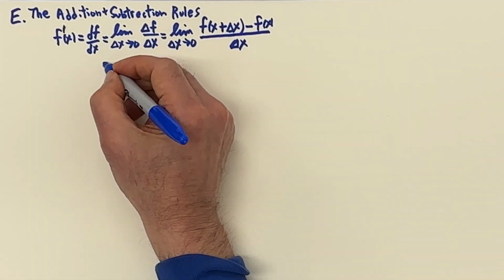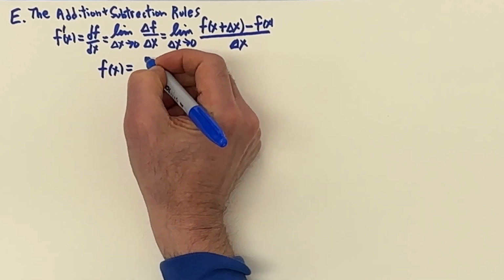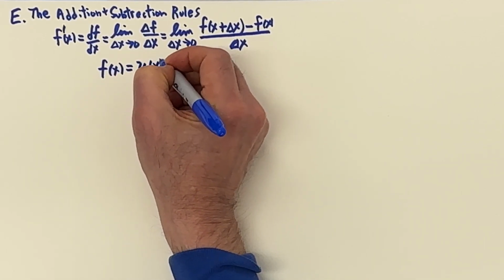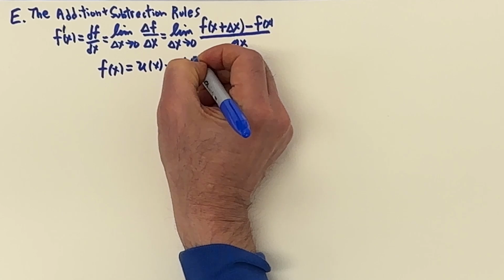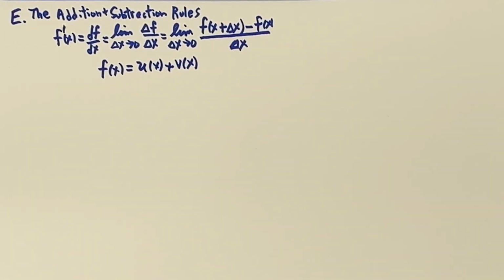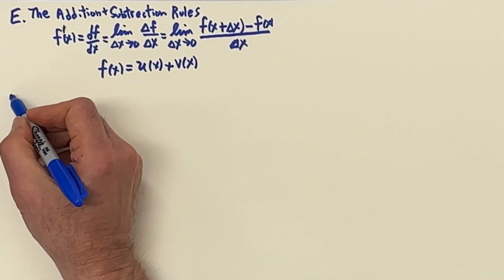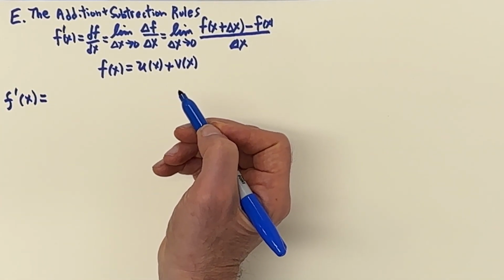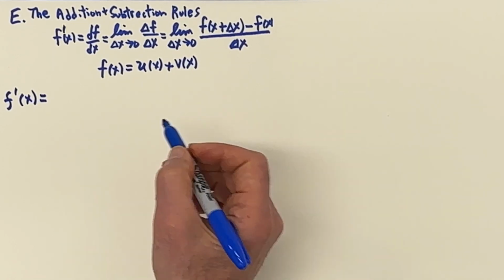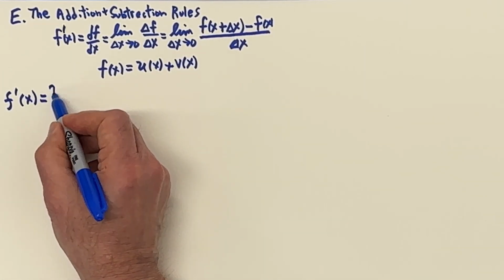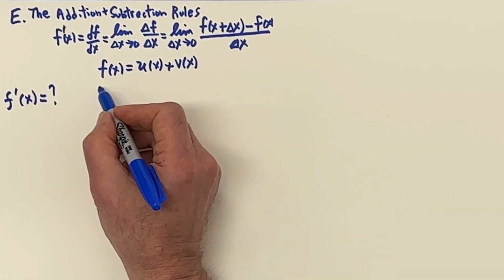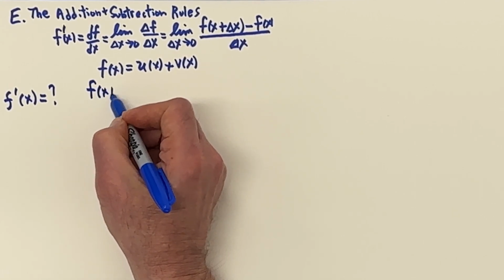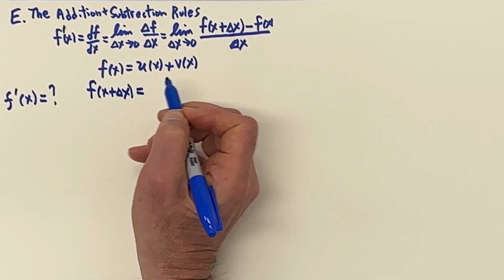Now we're interested in a function f of x that consists of a sum of two other functions, which I'll call u and v. So as we apply the definition, let's take a second to write down what f of x plus delta x would be, since we'll be needing that.